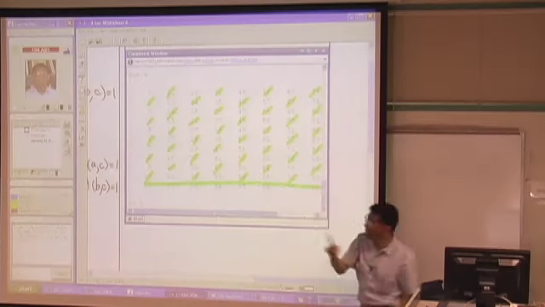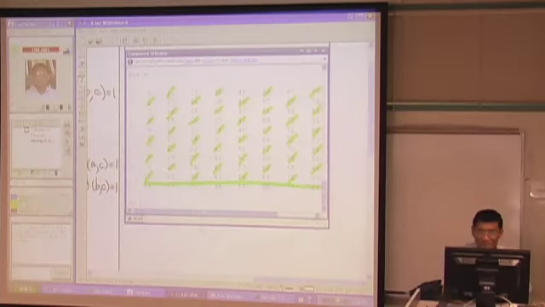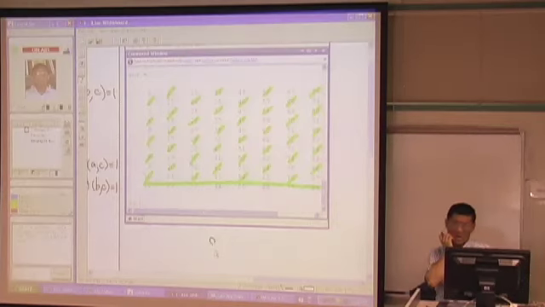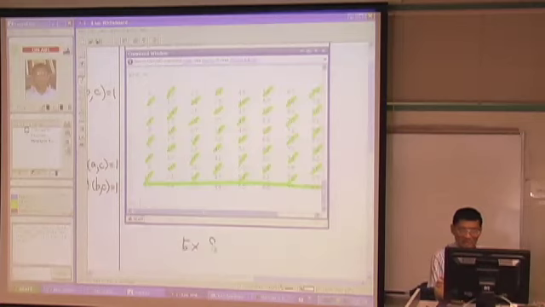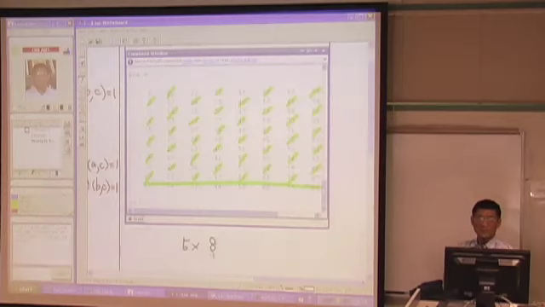Total we have 8 columns. 5 times 8 columns, right? 10 rows times 4. There's 4 in a row. 4 in a row? I see.